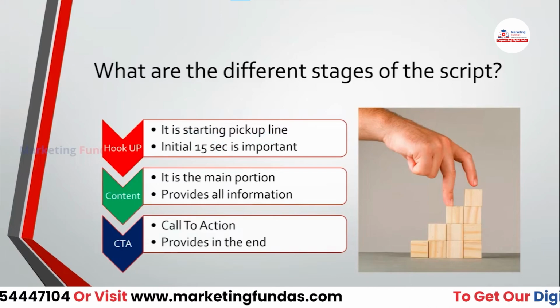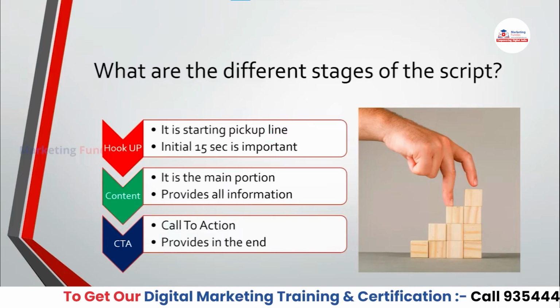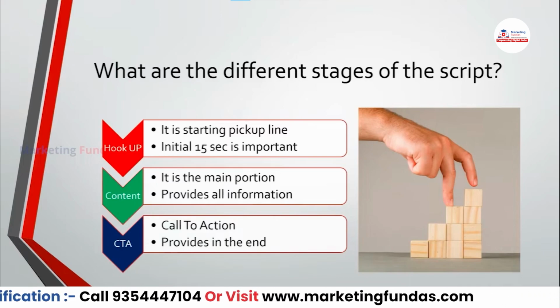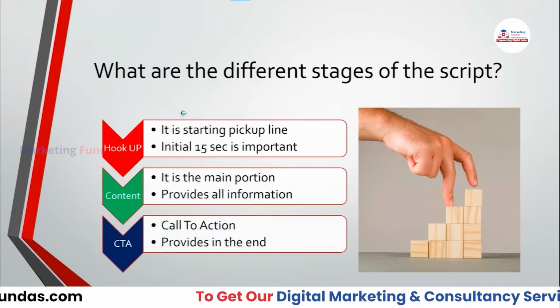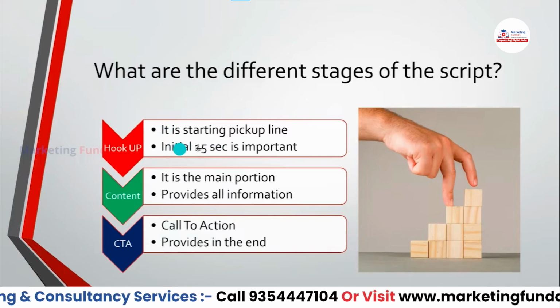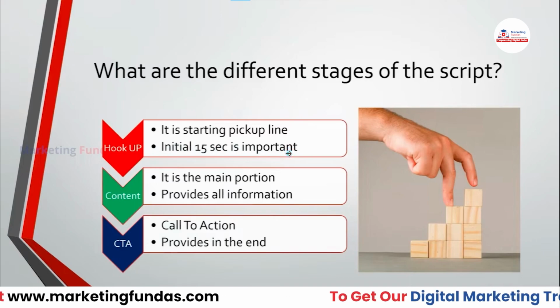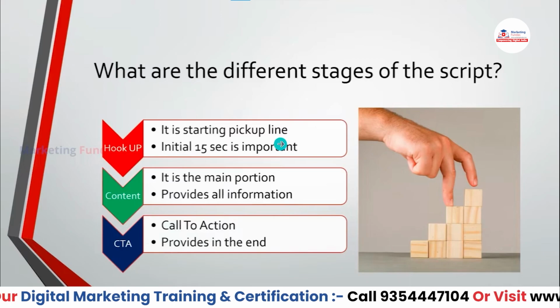And if the hook line is not good, then there's a high chance that the viewers will lose interest in your video and leave, right? So it is very important to create very strong hook lines. As I've already mentioned, the initial 15 seconds is important, so the hook line is pretty much the first 15 seconds of your video, right?